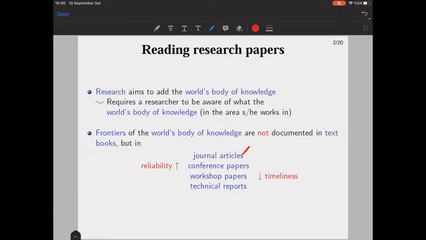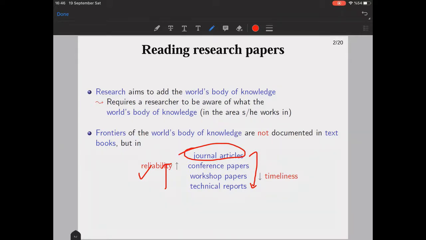But there's a trade-off, because they are truly evaluated, which means they are more reliable. Journal articles are the most reliable of these research papers, and the other ones, although very useful, are not as reliable as journal articles.